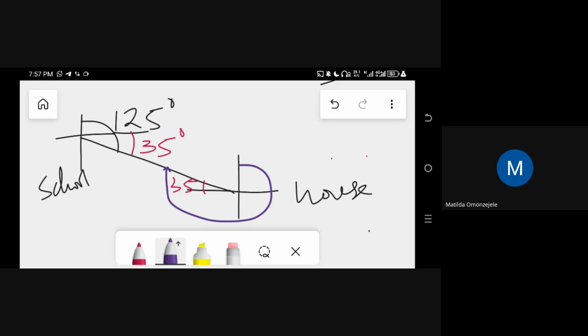To get our final answer, we'll have to read everything from the north until you get to that line. So I am reading from the north until I get to that line now. From the north down to that west, how many degrees? So, 305.